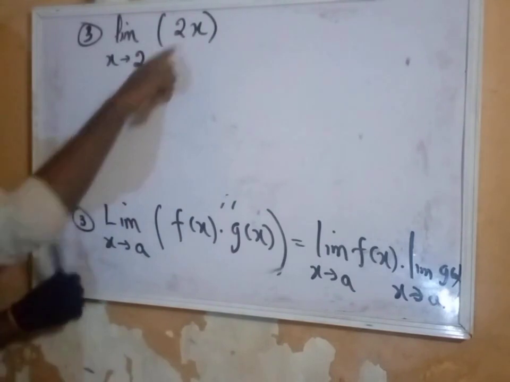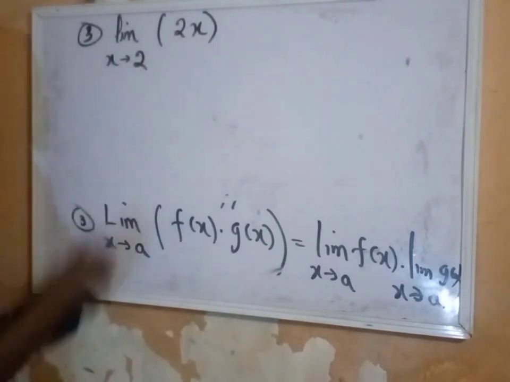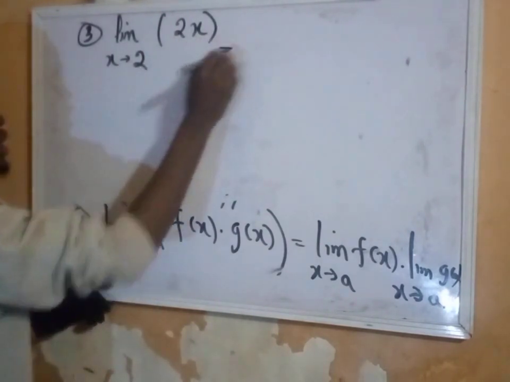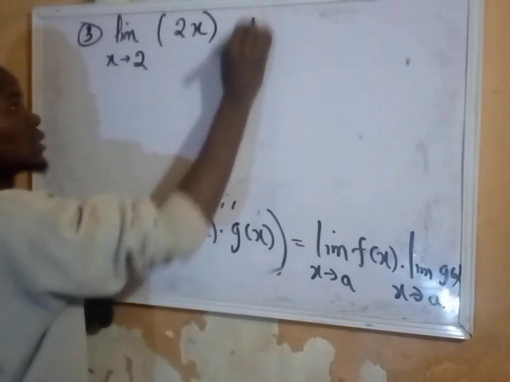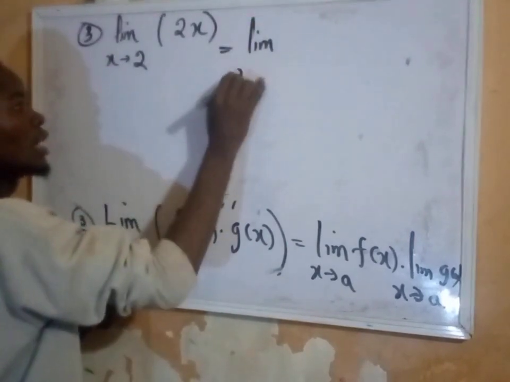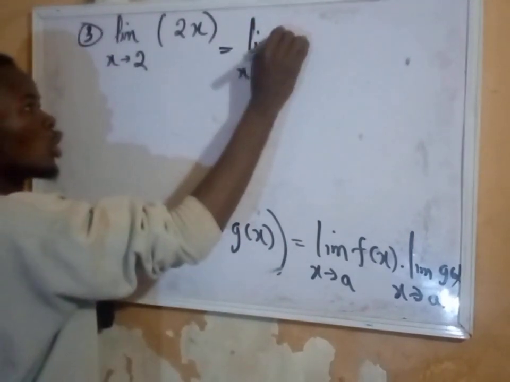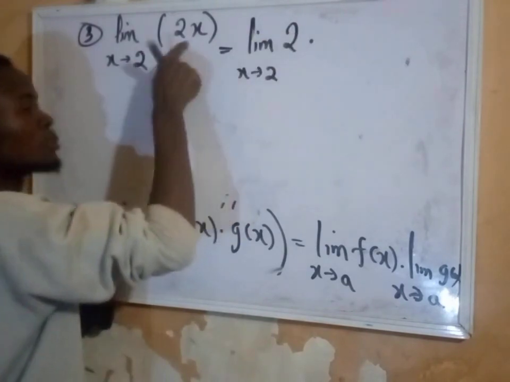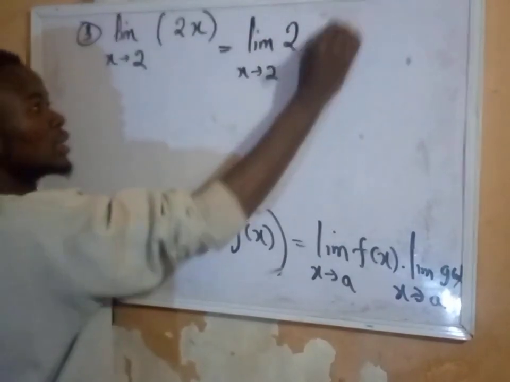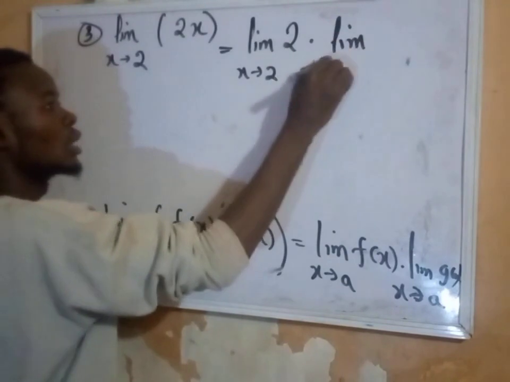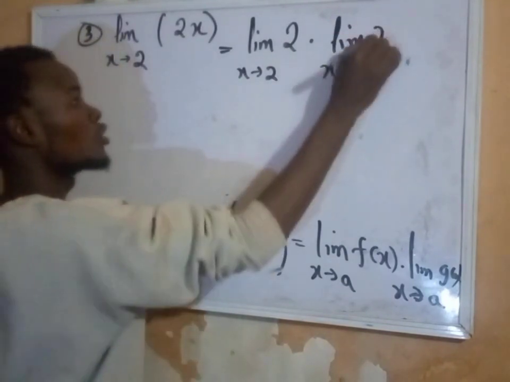Because there is a multiplication operation between these two and this variable, we can have this as the limit of x tends to 2 of 2, dot, because there is a product operation between these two, then the limit of x tends to 2 of x.